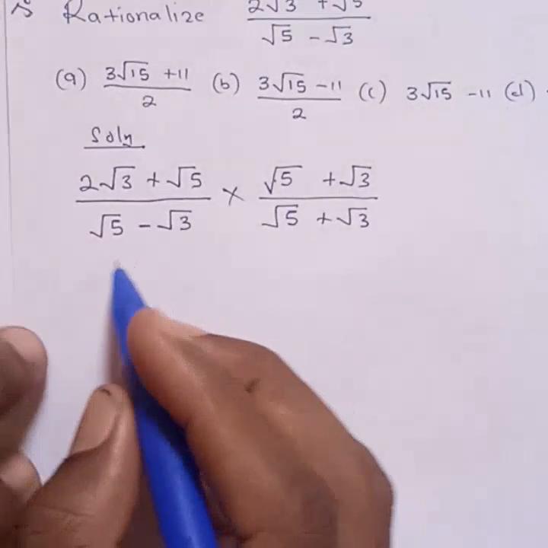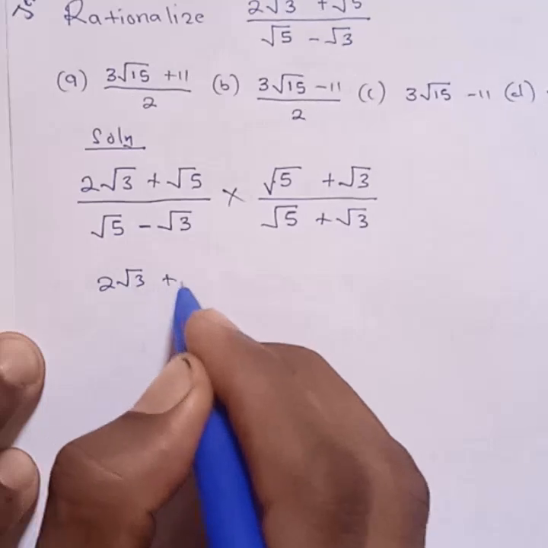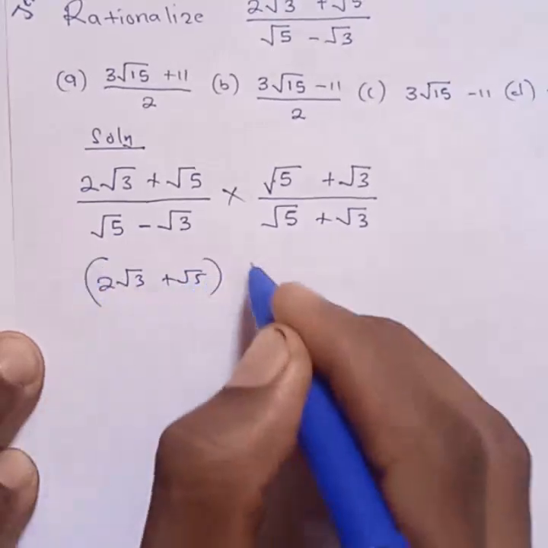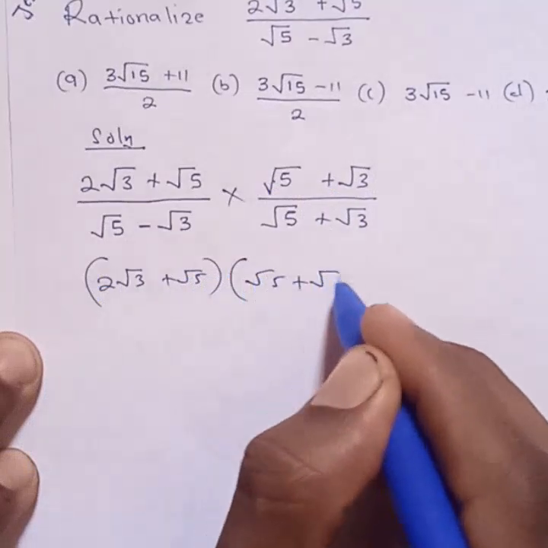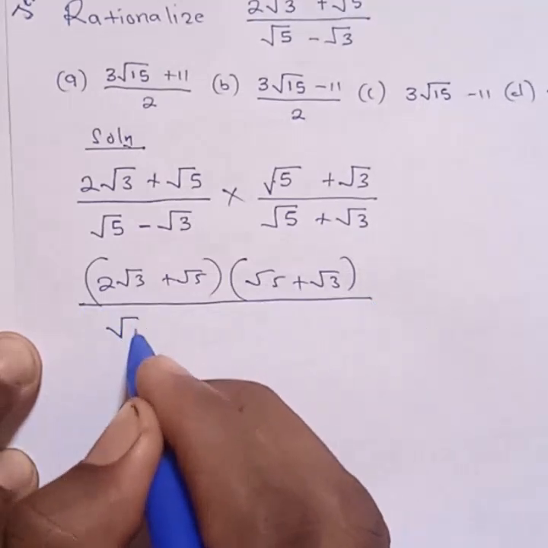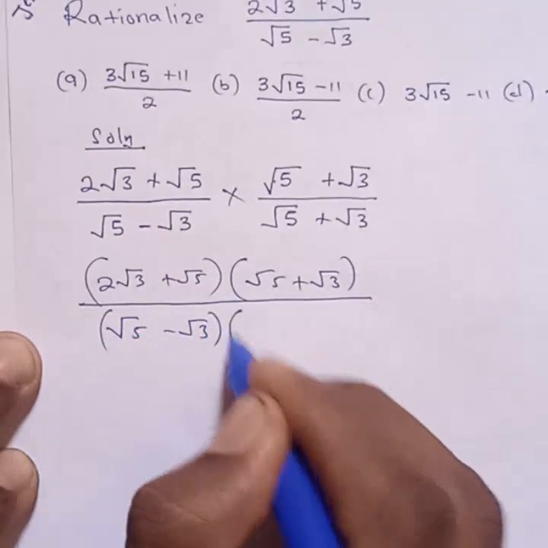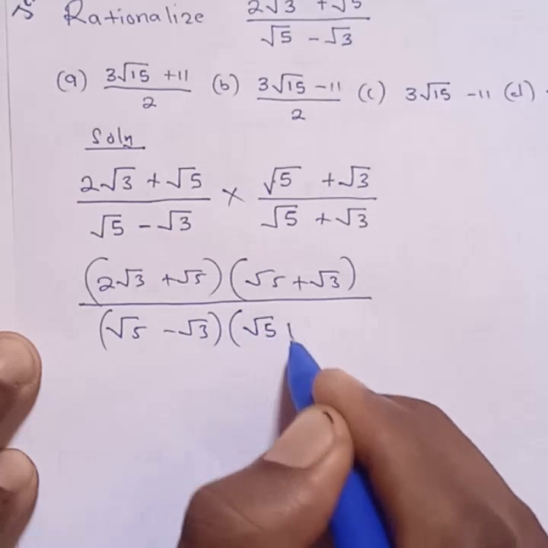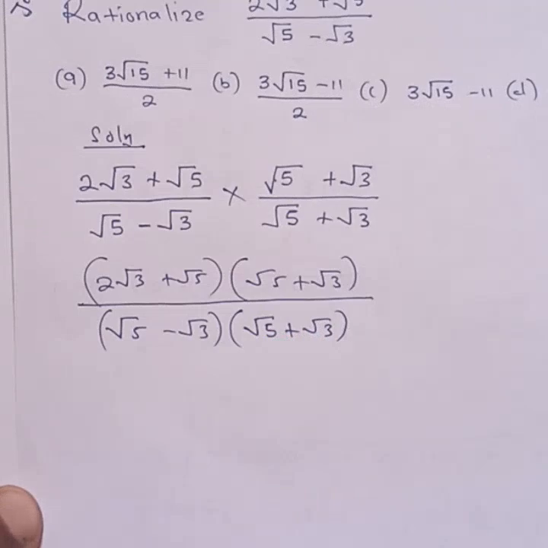So we're going to have 2 root 3 plus root 5, a product of root 5 plus root 3 all over root 5 minus root 3, a product of root 5 plus root 3. So let's do the multiplication.